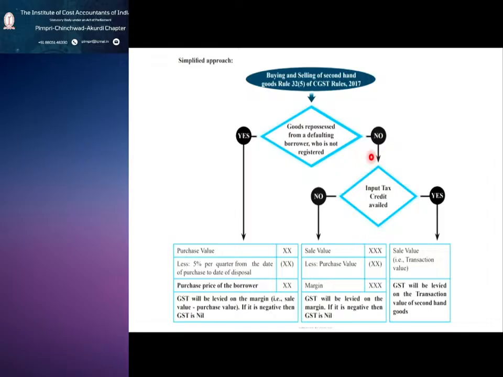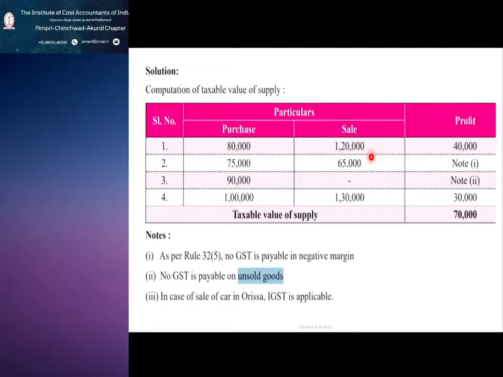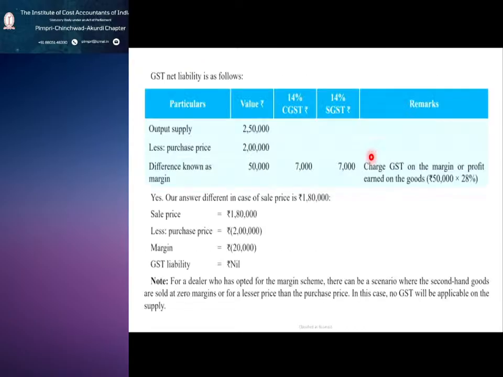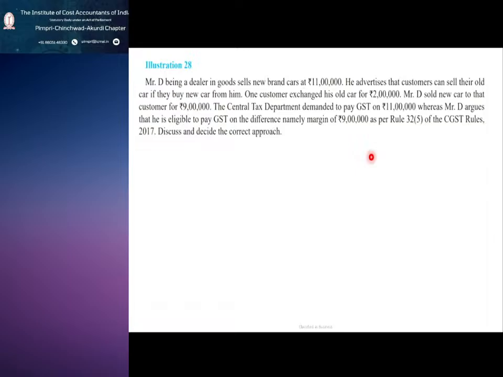Okay, the rule is applicable. Here the dealer says that we are paying on 9 lakhs, but the department says that they have to pay GST on 11 lakhs.